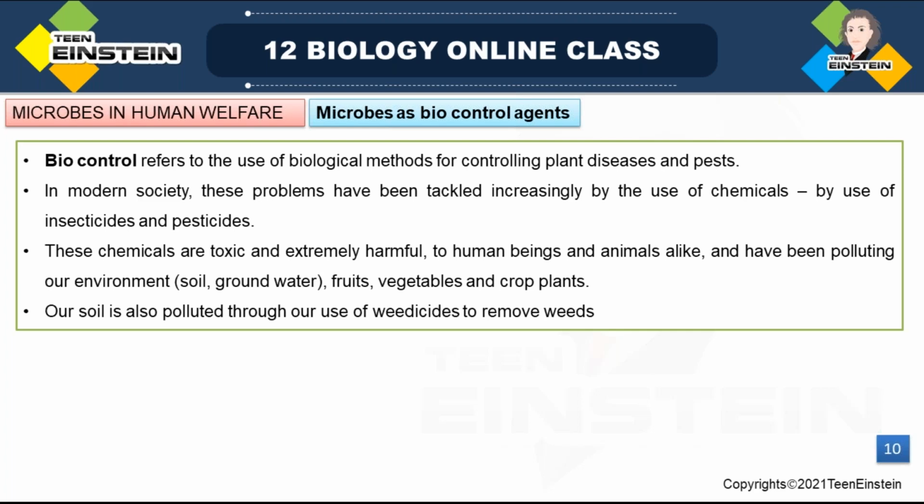So that's all about the biogas plant. We have learned about the structure of the biogas plant and how the gas is released after the production. Next, we are going to learn about microbes as biocontrol agents, and how these microbes work as biocontrol agents.